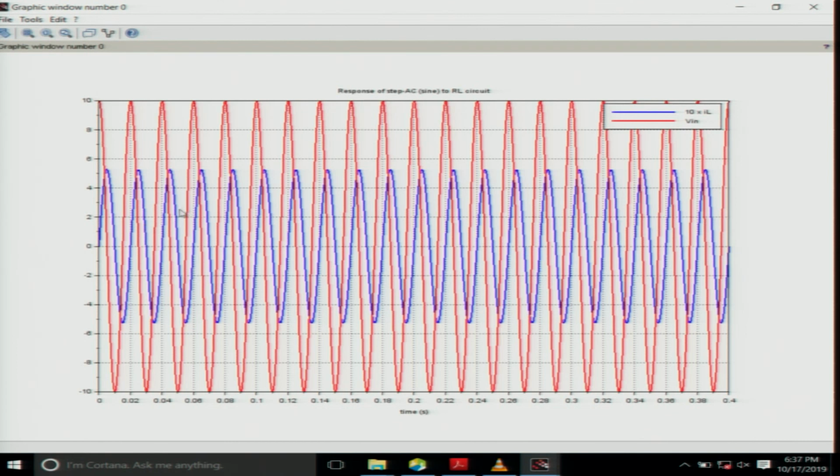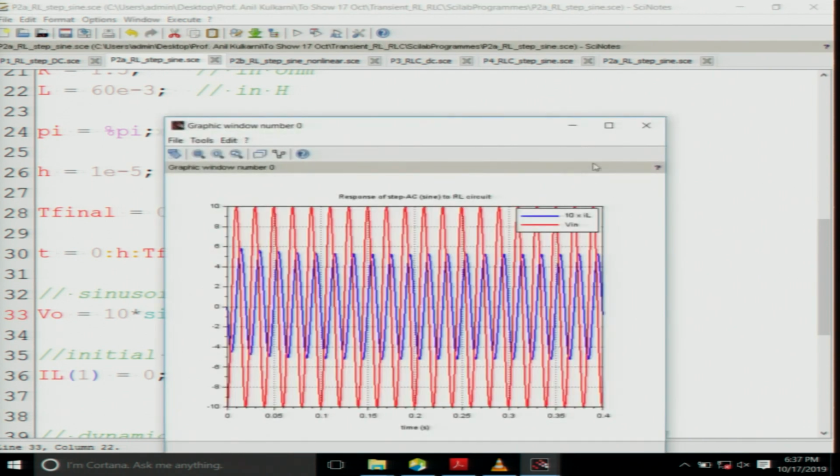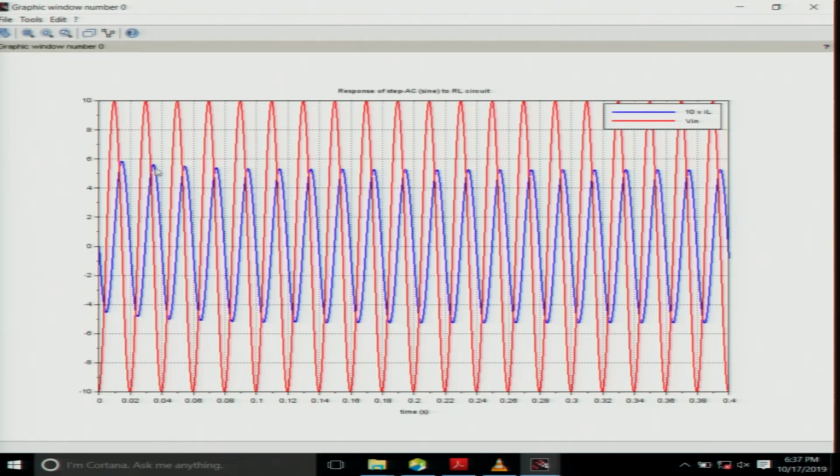Suppose I choose another instant on the sine wave where I switch, in this case you get another kind of transient. You can play around with this instant of switching on the sine wave. Although I am switching at t equal to 0, I am actually shifting the voltage waveform. So the instant on the voltage waveform at which I switch changes the amount of natural transient you see.